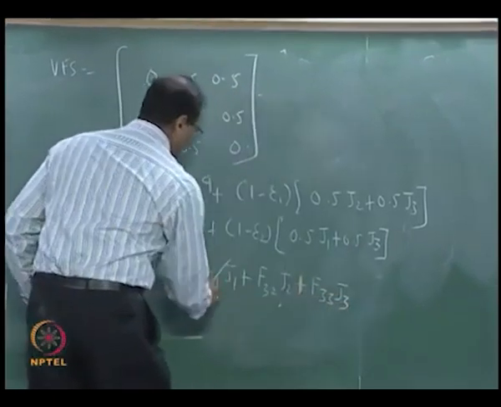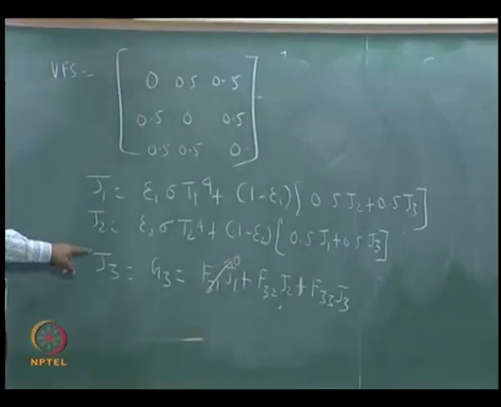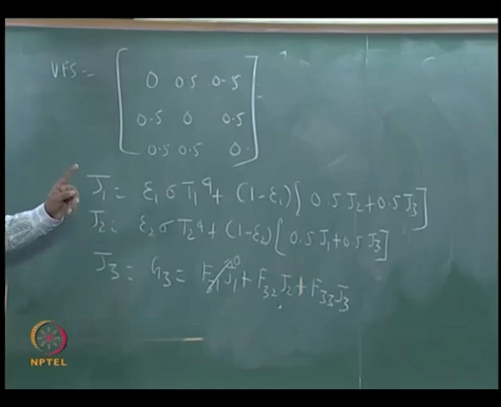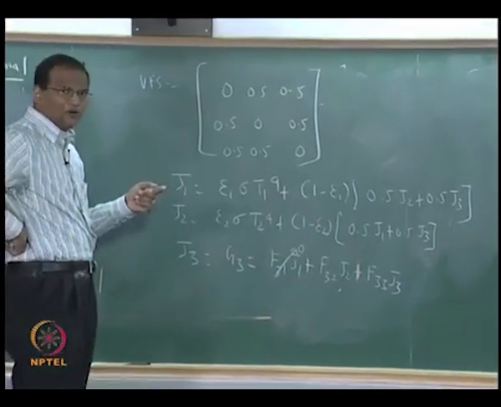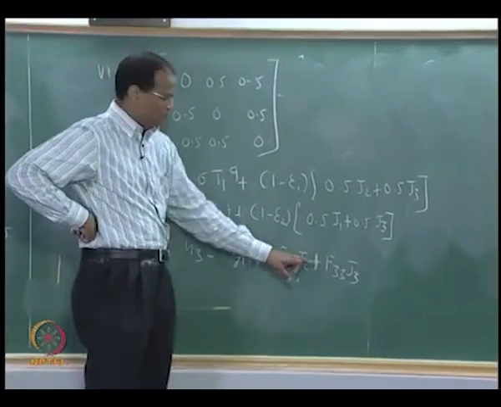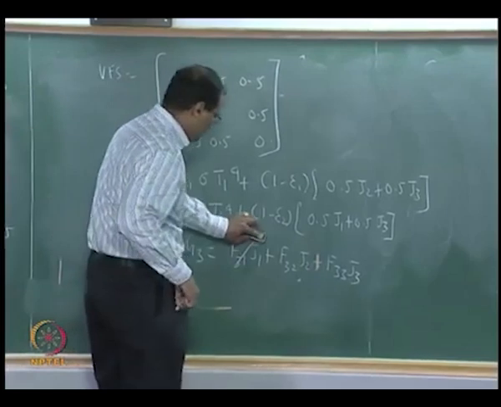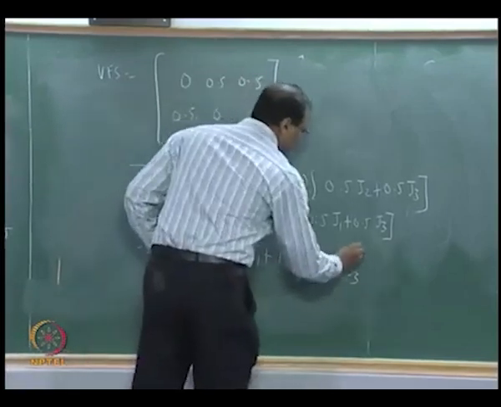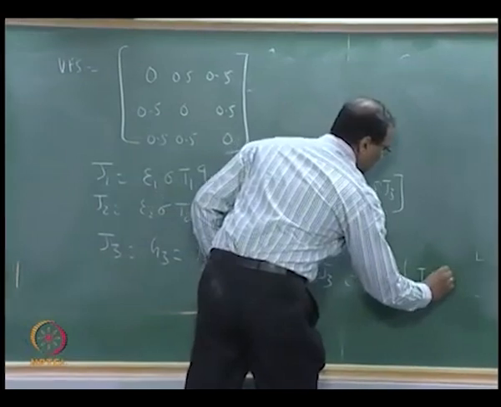Please look at the board, look at the way I am writing J3. J3 equal to G3, the irradiation on surface 3, equal to sum of Fij Jj, i equal to 3 here, so F31 J1 plus F32 J2 plus F33 J3. F33 is 0. So this is just 0.5 times J1 plus J2.